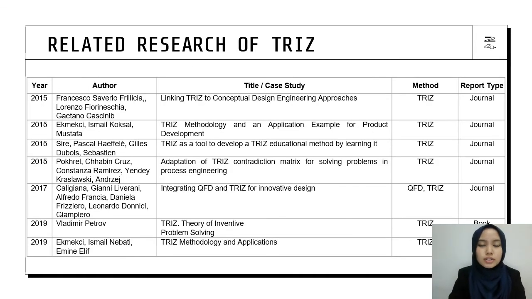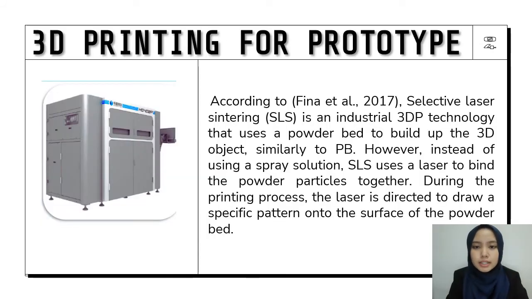This is the related research of the TRIZ method that I went through in my PSM1. 3D printing for prototype. According to FINA ETL 2017, selective laser sintering (SLS) is an industrial 3DP technology that uses a powder bed to build up the 3D object, similarly to PB.